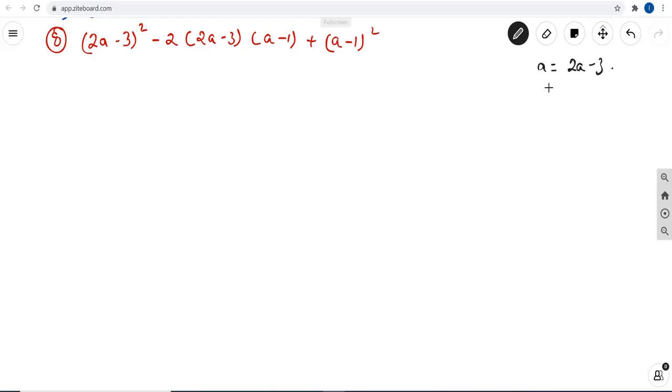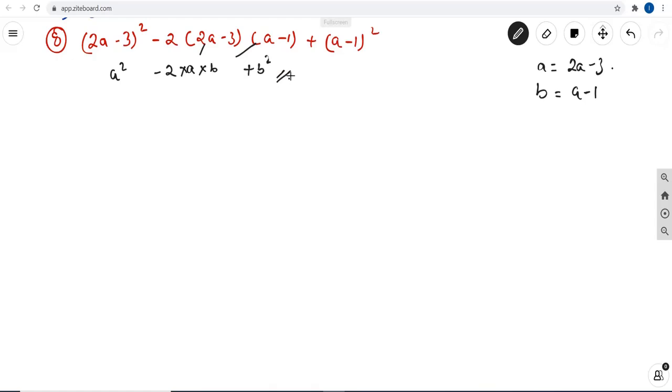So a is 2a minus 3. Now what is b? b is a minus 1. So this is a square, minus 2 into a into b, plus b square.